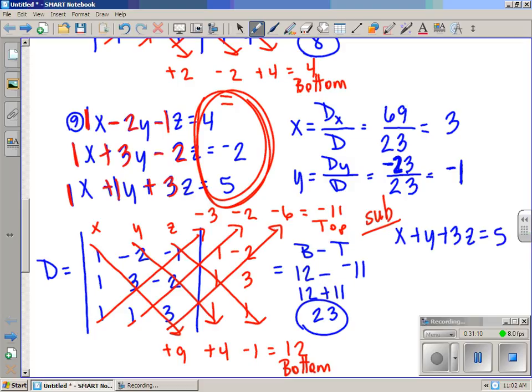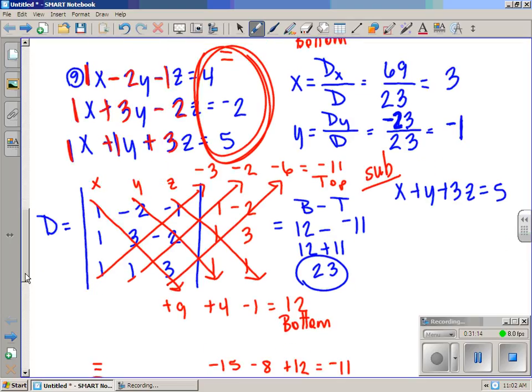x plus y plus 3z equals 5. We're going to substitute. x is 3, so we're going to put 3 in for x. y is negative 1, so we're going to substitute negative 1 there. z we don't know.